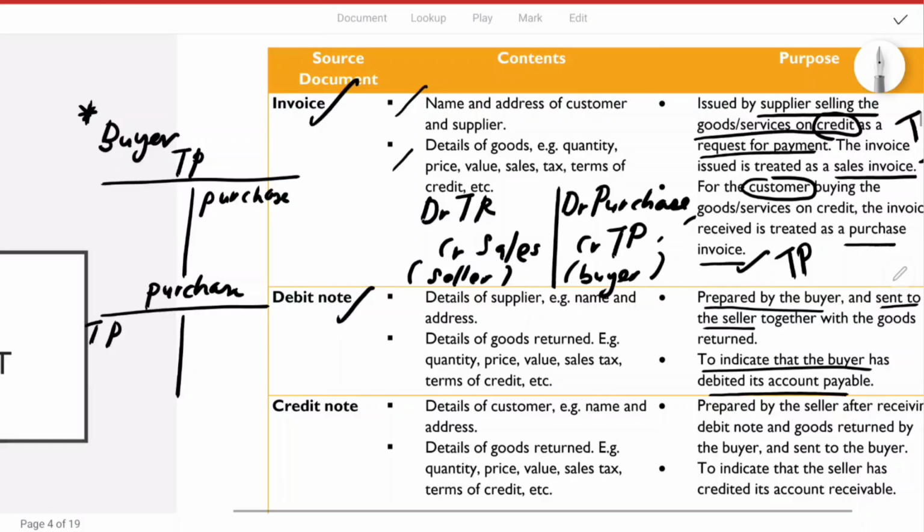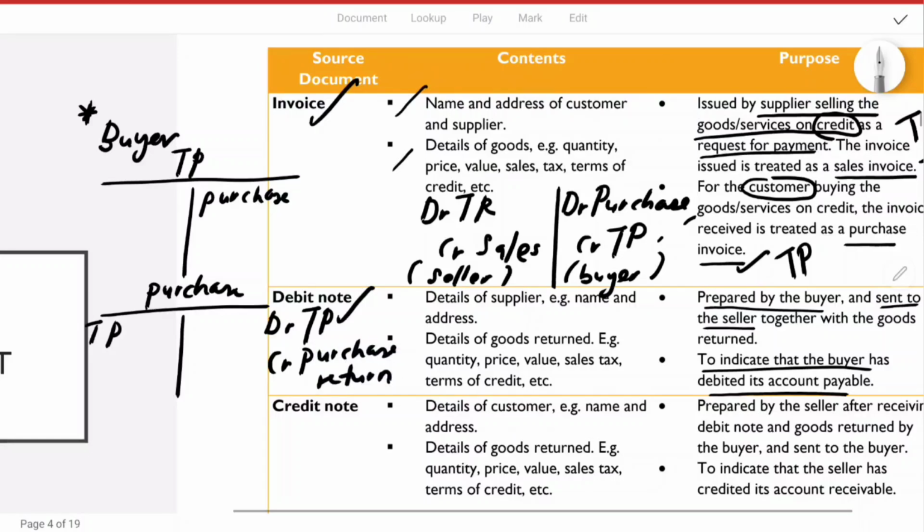How do we reduce this? What would be the journal entry? The buyer is going to record it this way: to reduce the liability, debit trade payable, and to reduce the expense, credit purchase return.